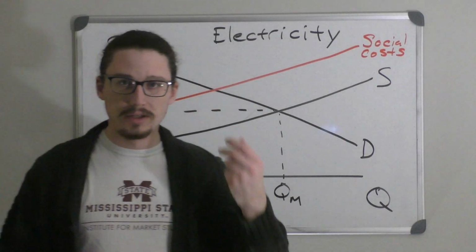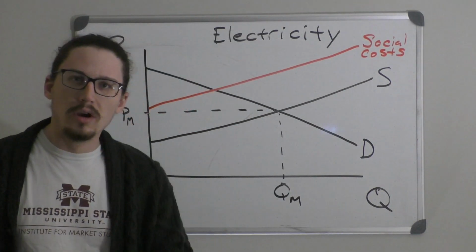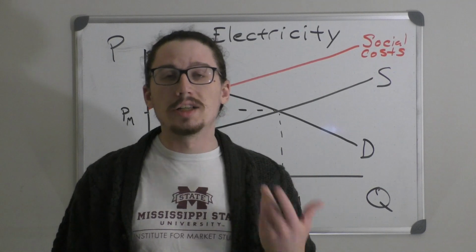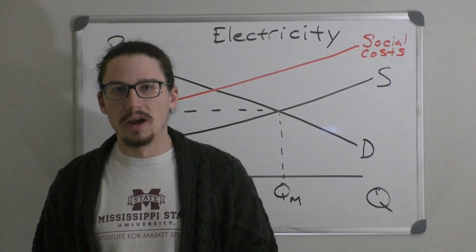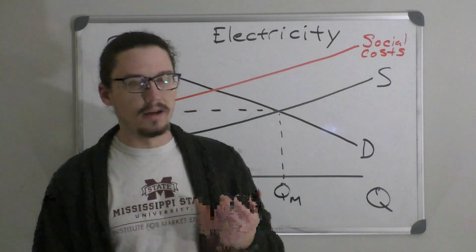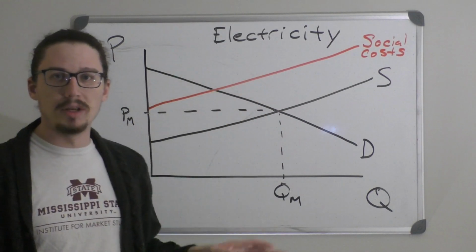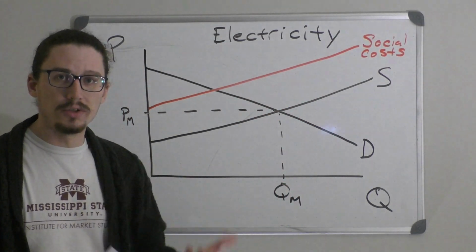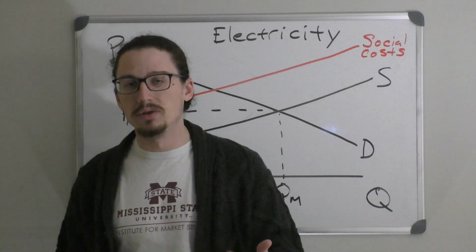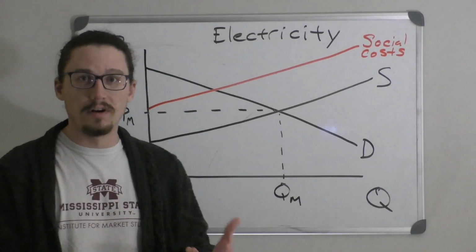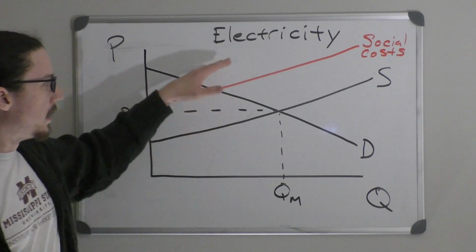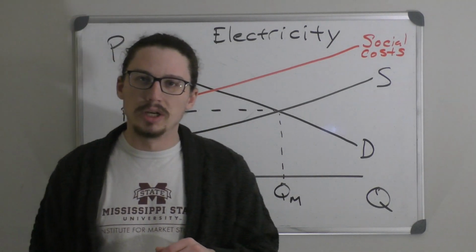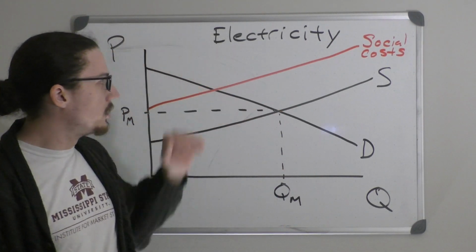So hopefully thinking back to chapter 4, when we increase the costs of production, we decrease supply, and that's essentially all that's happening here. We're trying to take into account those social costs, all those external costs that don't just apply to the parties involved in the exchange, and apply them to that production.